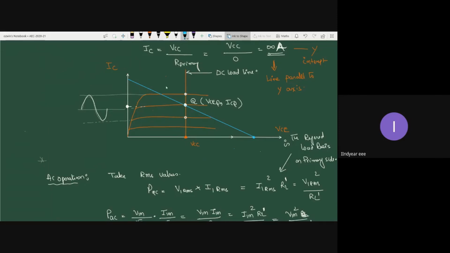Now this is your AC load line, where M is equal to minus 1 by RL dash. Now to draw the waveform, you will get the equidistant points, one above the Q point and one below the Q point. Now you can just draw the guidelines.